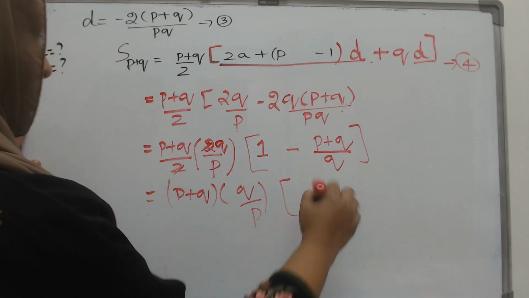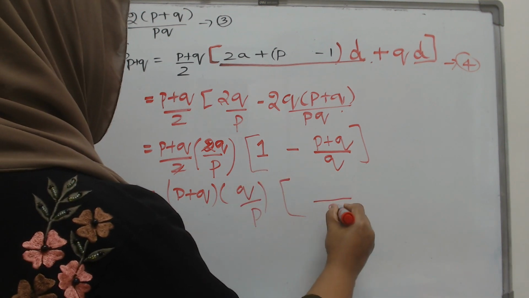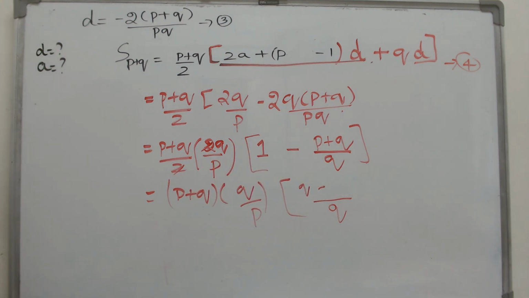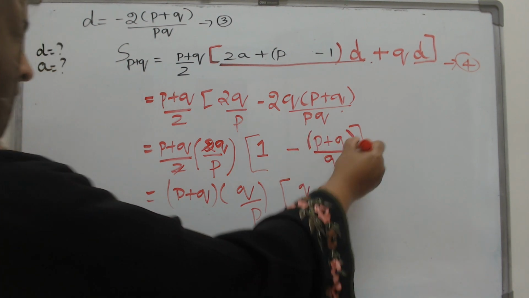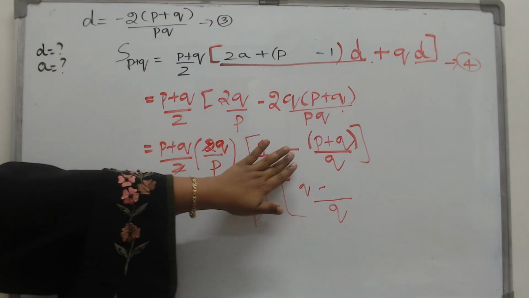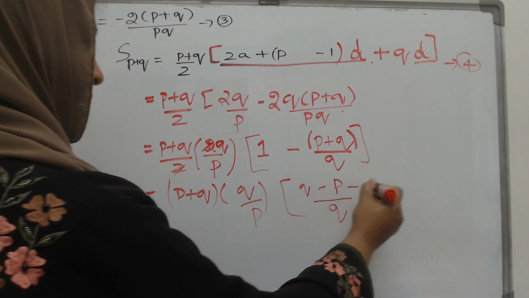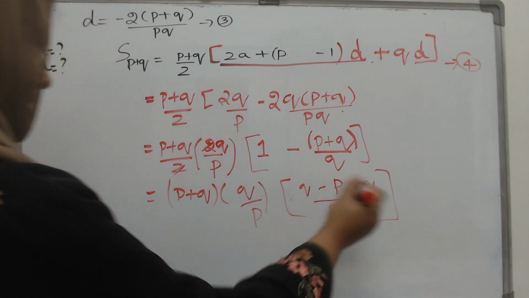And here, how do you take the LCM? The LCM is Q. And when you come here, I cannot stress this enough: make sure you put brackets. What does the bracket mean? This minus is for both the terms. So you have minus P minus Q there inside the brackets.